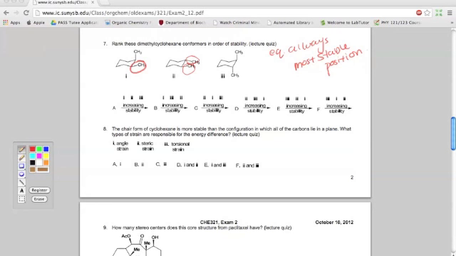So you know that 2 is going to be the most stable, and 1 is going to be the second most stable, and 3, since it's going to have both of their side groups in the axial conformation, that is going to be very, very, very unstable. So your answer is going to be F.